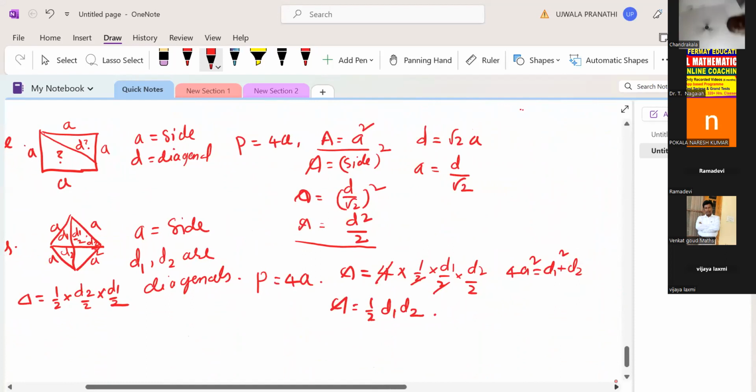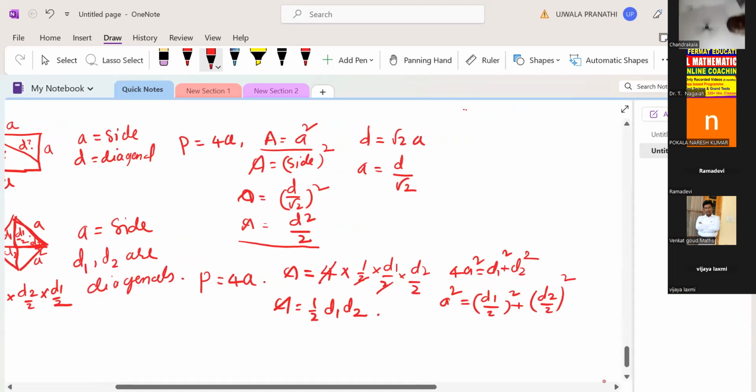This is how we get it. From the right angle triangle, we can say a square is equal to d1 by 2 whole square plus d2 by 2 whole square. Then a square equals d1 square by 4 plus d2 square by 4.